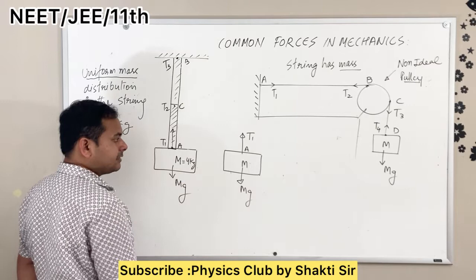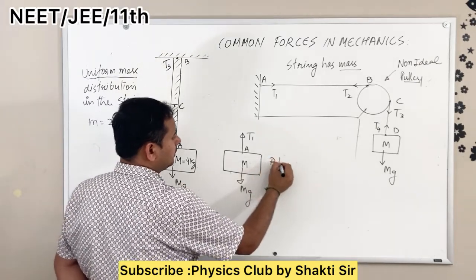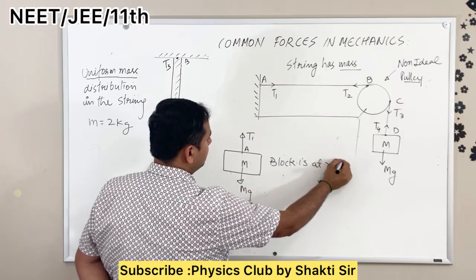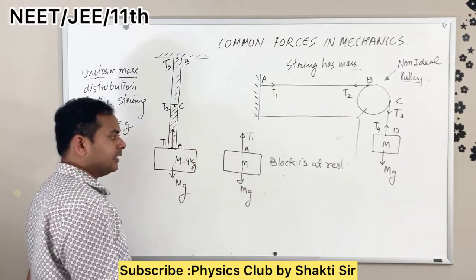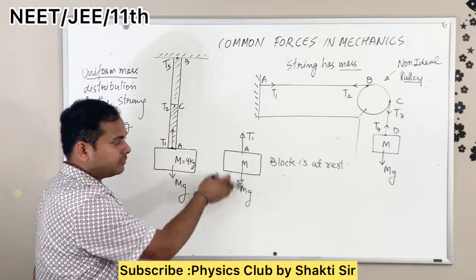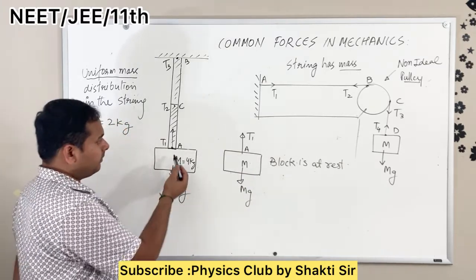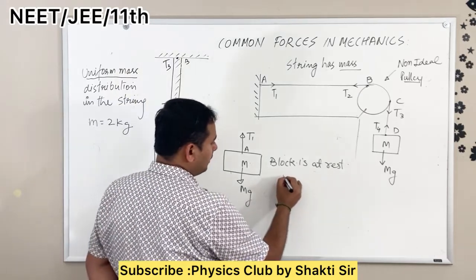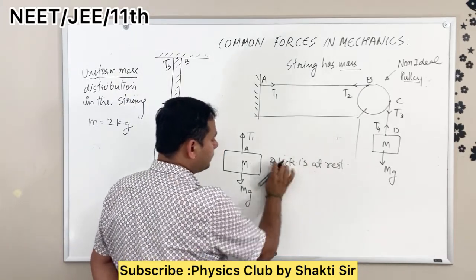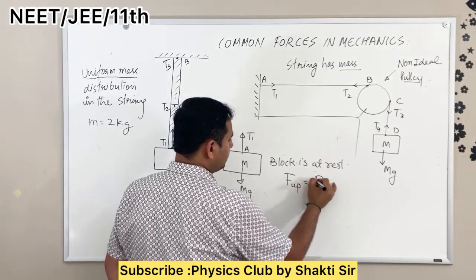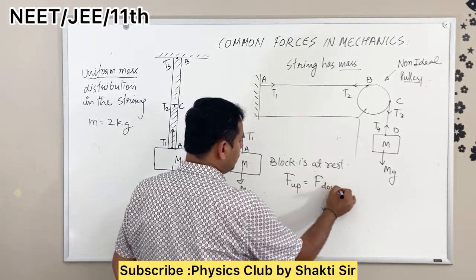The block is at rest. What does it mean? It means that the total upward force equals the total downward force, and both the forces cancel each other. That's why the block is at rest. Getting it? So upward force equals downward force.